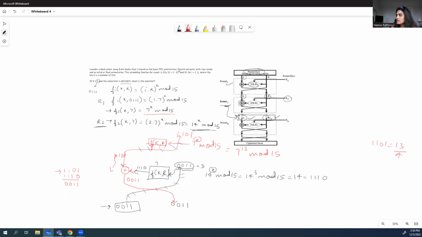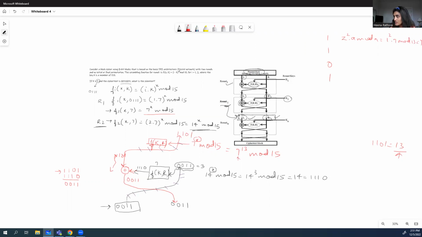If we solve this, we can apply the square and multiply operation in order to compute this value. The binary equivalent of 13 is 1101. So I'll just put this as 1101. Whenever it is 1, it is z square times a mod n, which in this case would be 1 square times 7, mod 15, which will give us the value 7.